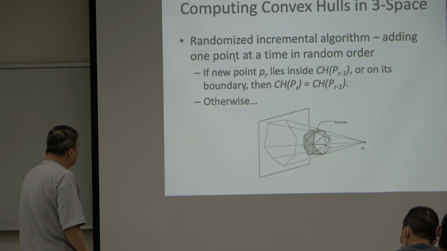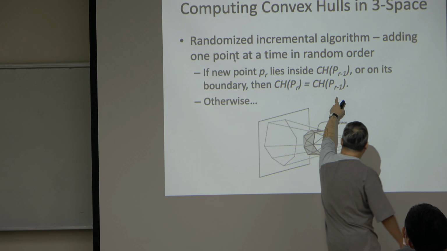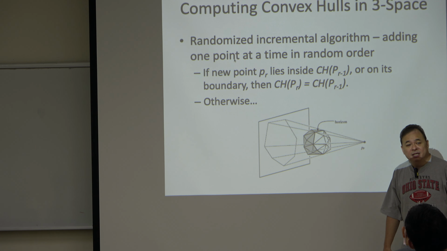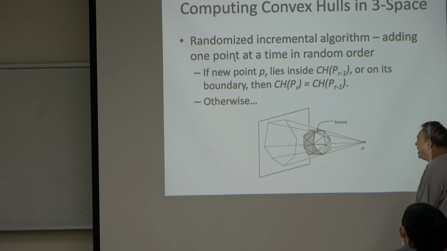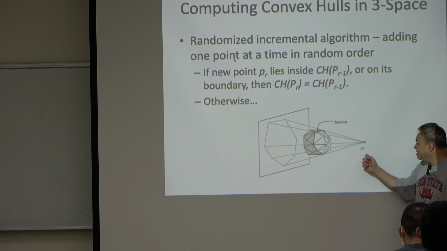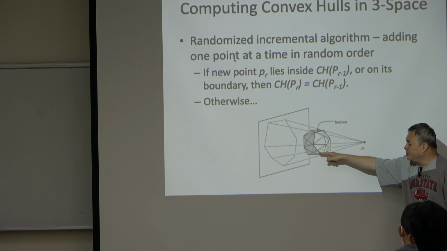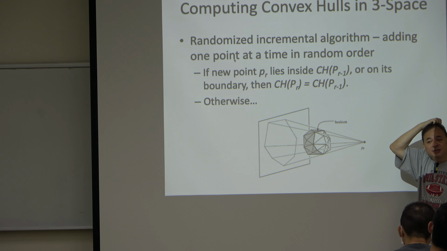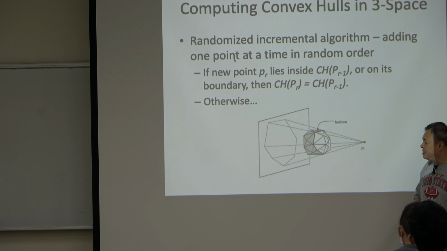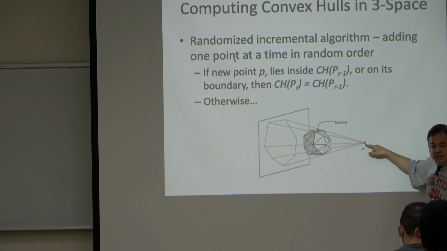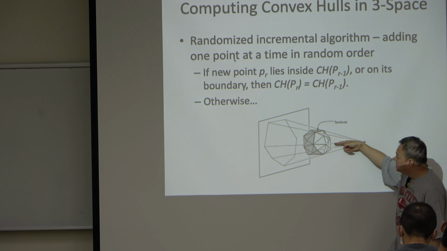Now, if this is not the case, if this point is outside, then it will be very interesting. How do you add this point? This is PR. It is outside of this polytope. You could imagine your eyes here, looking at this polytope.